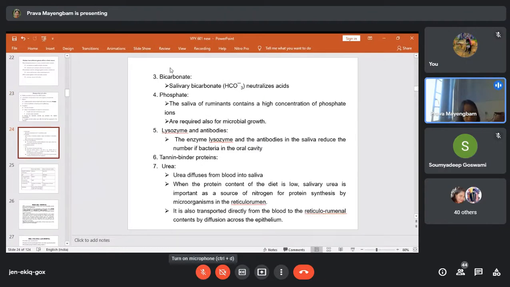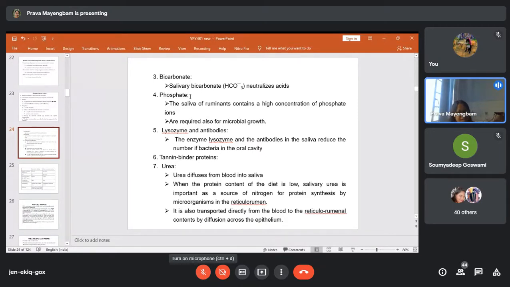Then saliva also contains other salts in the form of bicarbonate. The purpose of the salivary bicarbonate is this: the mouth cavity is always loaded with a number of microbes and bacteria. Those bacteria produce acid continuously, but the saliva has a certain amount of bicarbonate, and that bicarbonate neutralizes the acids produced by the bacteria invading the oral cavity.